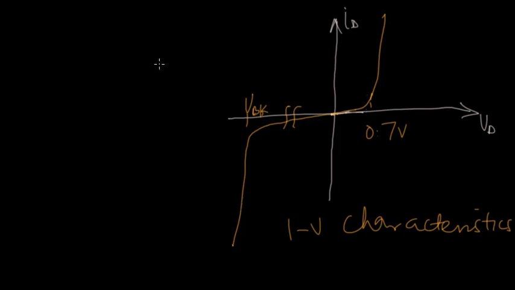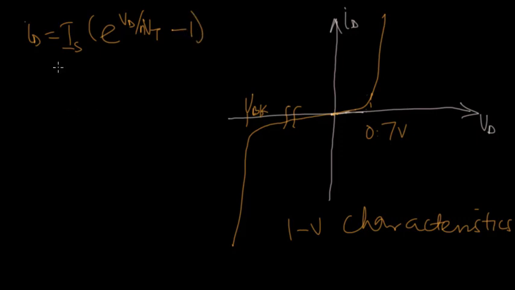of a practical diode. Now for the forward region, the current flow is given as ID is equal to IS exponential VD all over eta V theta minus 1.